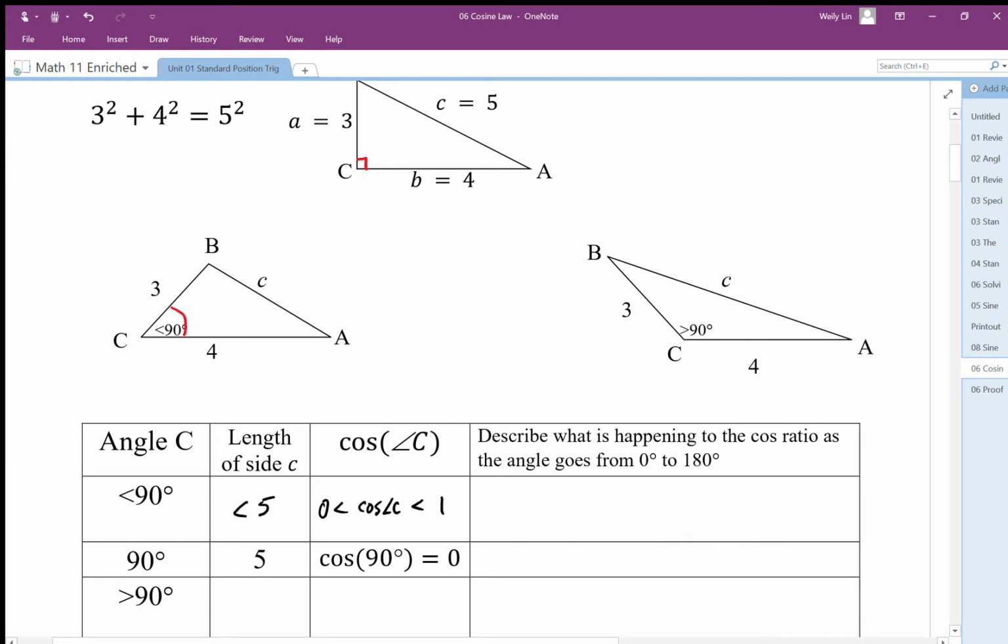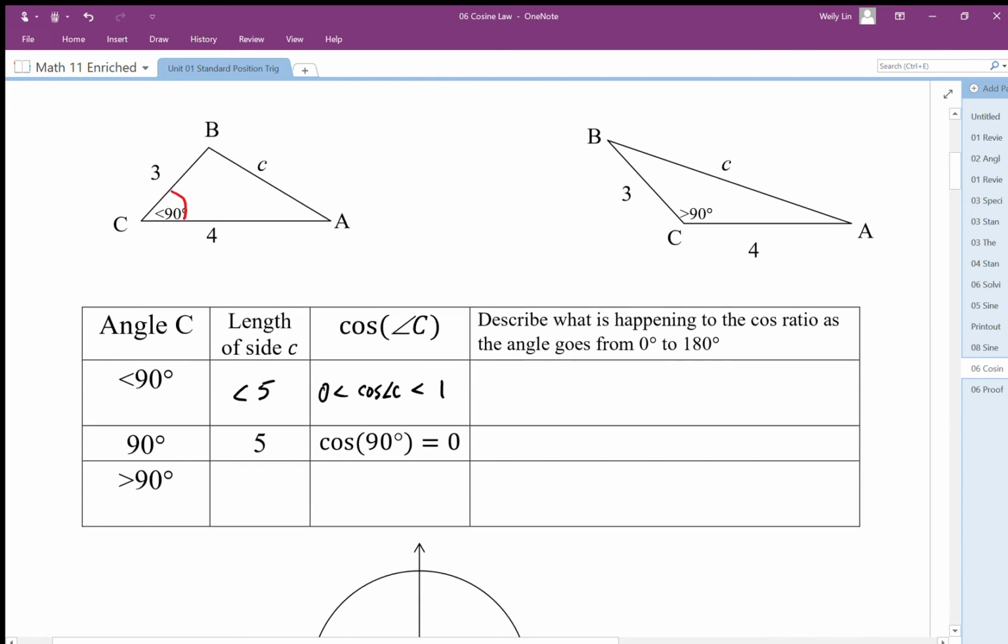Think of standard position: imagine the circle here, this is our initial arm. As our angle turns this way, the cosine goes from 1, when the angle is 0, all the way to 0. The bigger the angle gets, the longer side C gets. The smaller the angle, the closer the cosine gets to 1 and the further away from a length of 5 we get. So the angle going from 0 to 90 degrees gives us a positive cosine between 0 and 1.